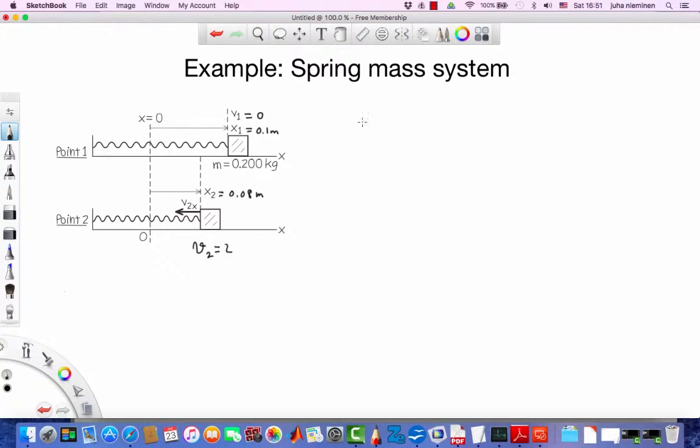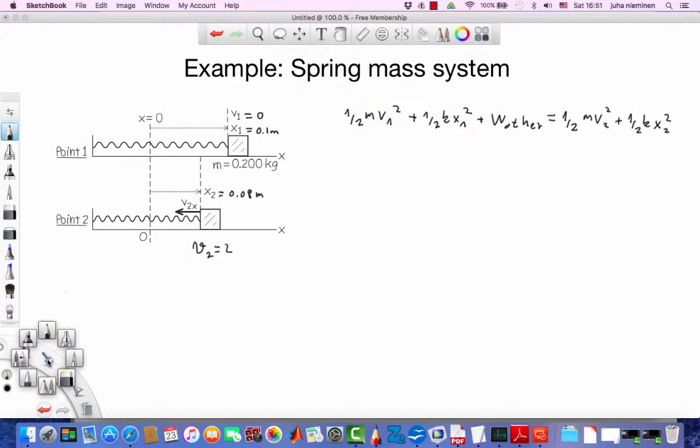So in this case, we don't have a gravitational potential energy, but we do have the elastic potential energy of the spring. So we write the conservation of energy as follows. Kinetic energy at point 1 plus the elastic potential energy, and then possibly if there's some other work to be done while we're moving, and then the same quantities, kinetic energy at point 2 plus elastic potential energy at point 2 at x2.